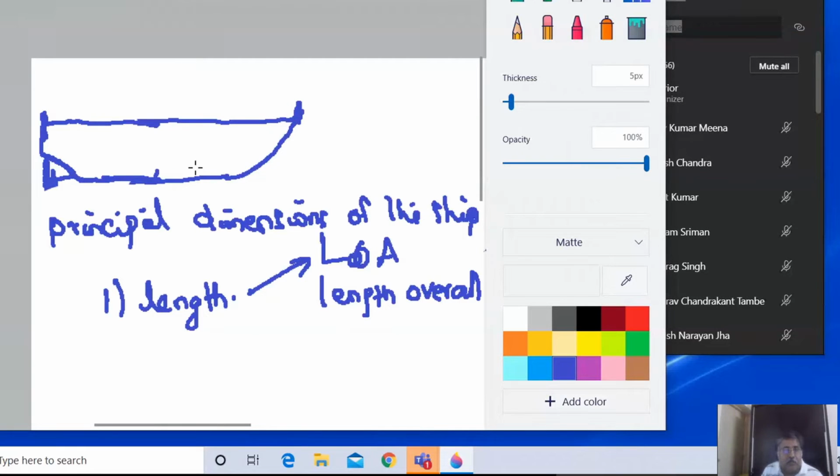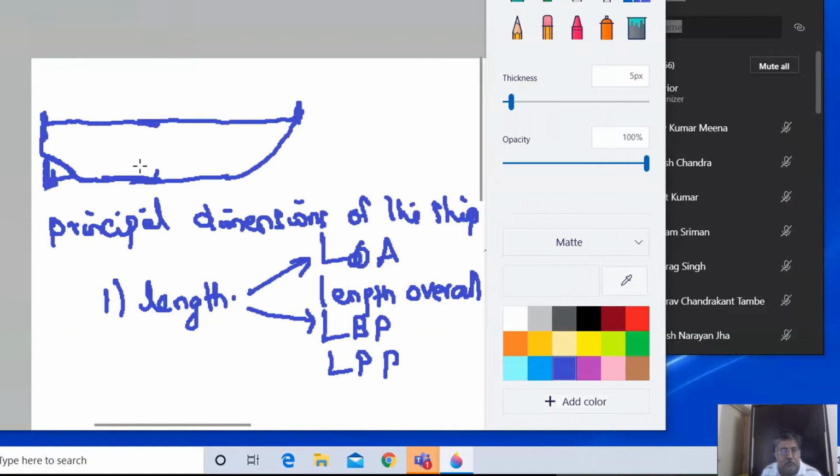Then comes something known as L. It is written in two forms, LBP or LPP. Both are same, length between perpendiculars, LBP or LPP. Now what does this mean?